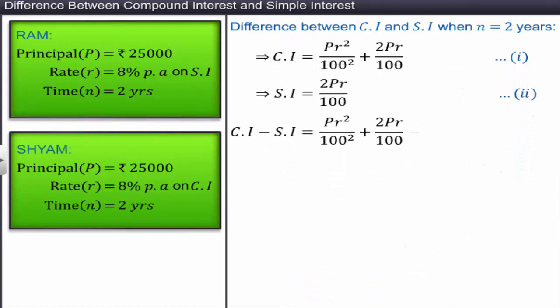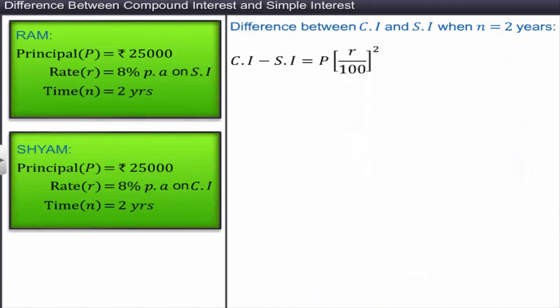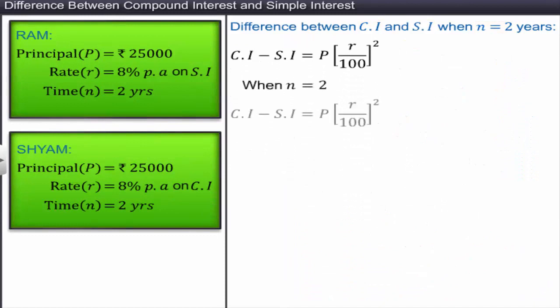On subtracting equation 2 from equation 1, we get the difference between compound interest and simple interest as P into R upon 100 whole square. Thus, when n is equal to 2, the difference between compound interest and simple interest on principal P at R% per annum is equal to P into R upon 100 whole square.